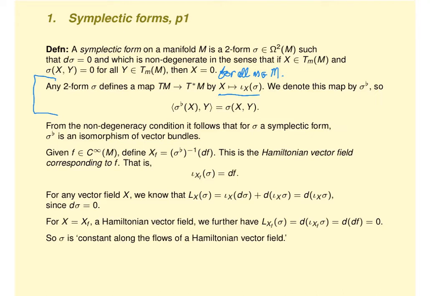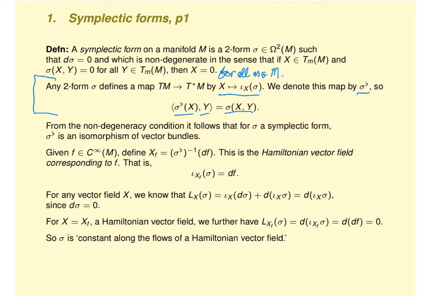And that gives a cotangent vector or a one form. And we denote this map by sigma flat. That's the musical symbol for flattening. This can be written slightly differently. Given a vector field x, take the one form sigma flat of x and pair it with another vector field y, and the result of that is simply sigma(x, y).